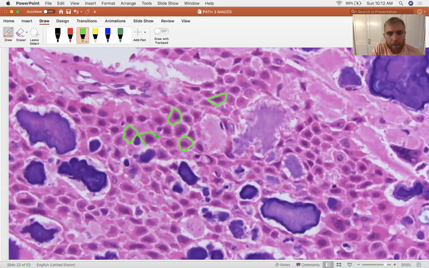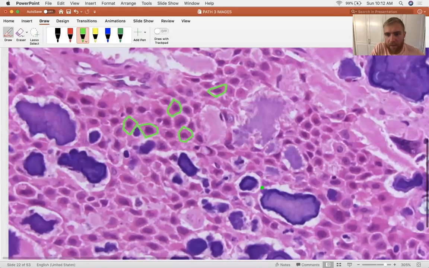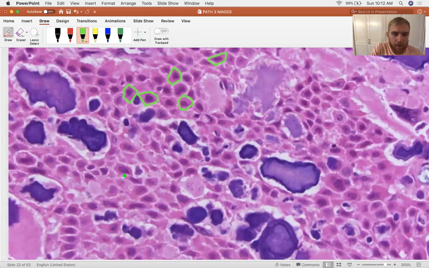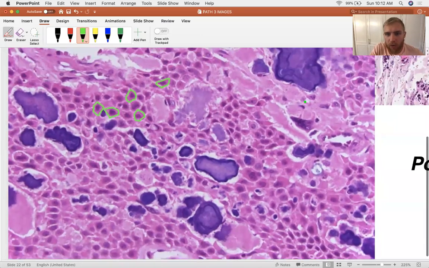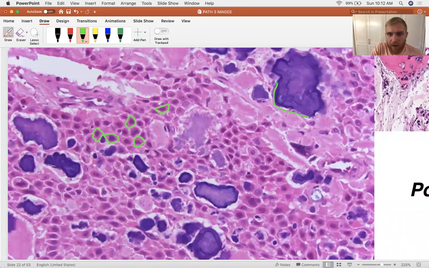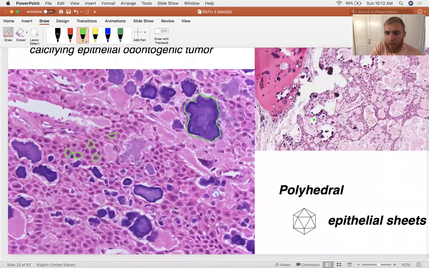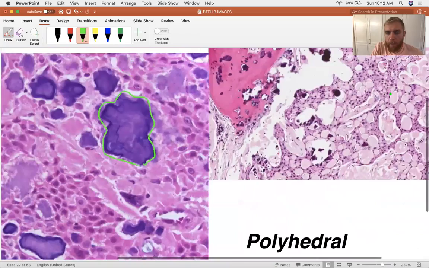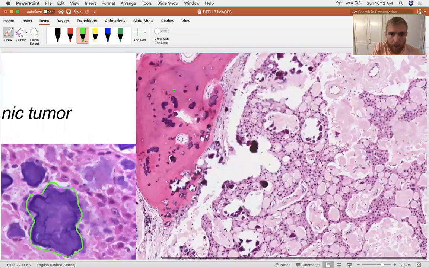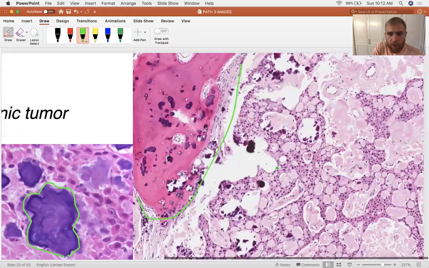So these epithelial cells have these wicked shapes to them. And then of course, there's your calcium right there, a big old calcium rock in the middle of a bunch of cells. So that's what they mean when they're talking about polyhedral epithelial sheets. And up here in the top right, this pink stuff here, a big old crystal, a bunch of calcium.